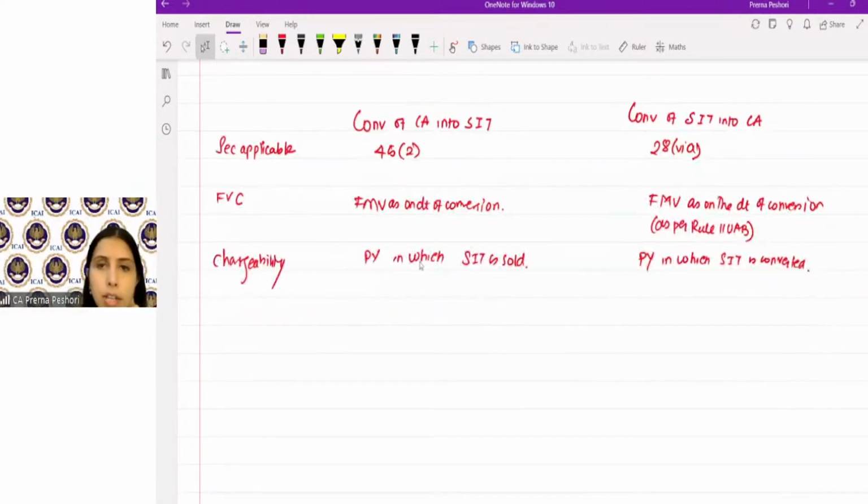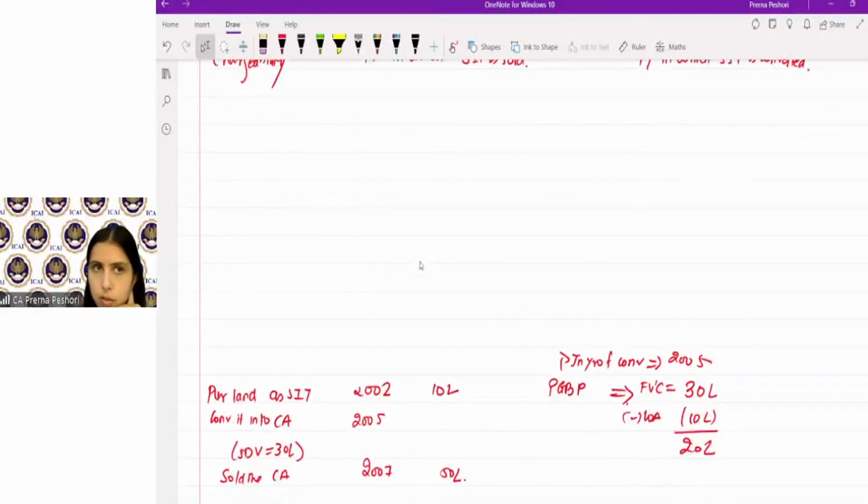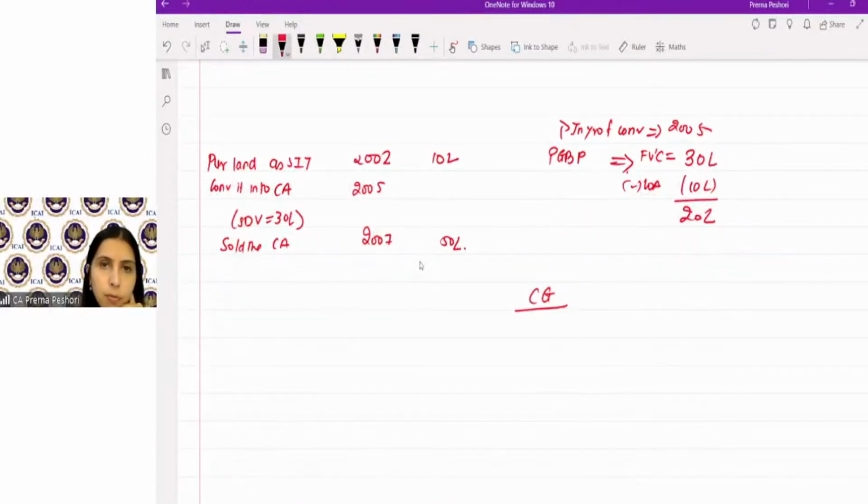Now, how will the income under the head capital gain be computed when the stock in trade is converted? So, my full value of consideration will be 50 lakh. What will be my cost of acquisition? Cost of acquisition is provided under section 49(9).